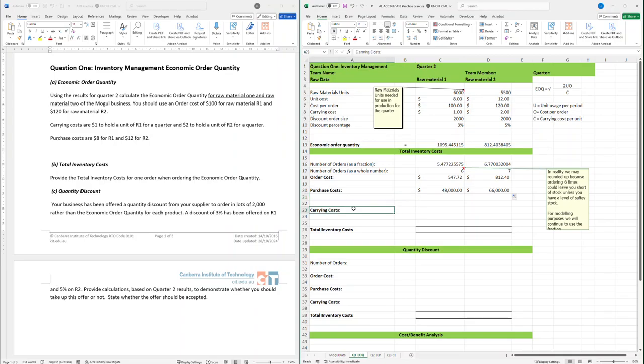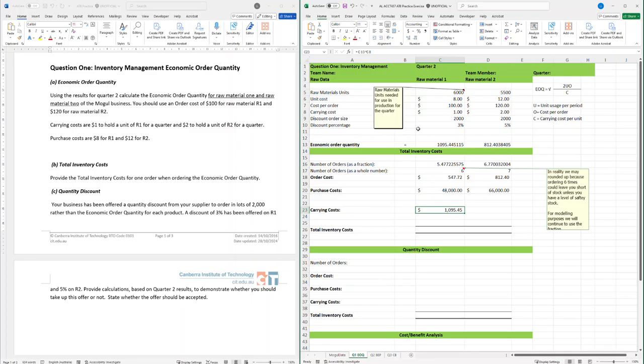And then the carrying cost. Again, this is a very tricky part. So the carrying cost we would think is C13, which is your per order, times your carrying cost, which is $1. Okay, but this is not the right answer because carrying cost is required to use the average.